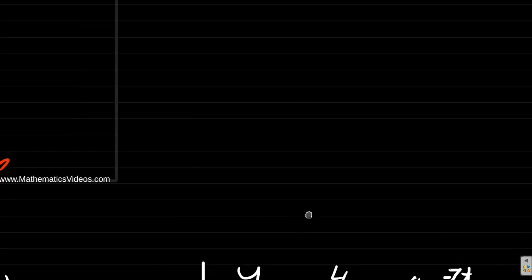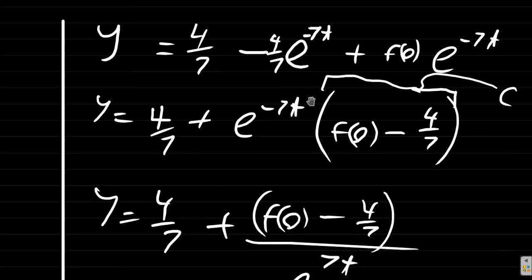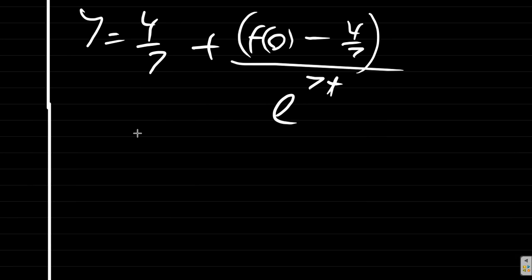Then the initial conditions, we said y(0) was 1. So that means when t equals 0, y equals 1.